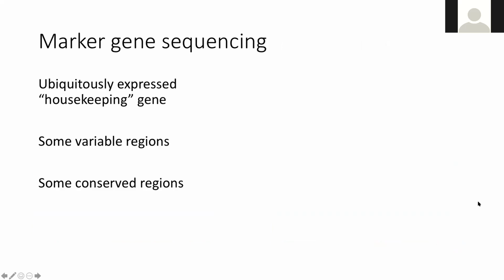So to be able to do marker gene sequencing, you need to pick the marker gene very carefully. It needs to be something that is expressed everywhere, so in all of the different bacterial or fungal or archaeal species that you will be looking at. And the best candidates for these are things called housekeeping genes. So if you think about the DNA in your cells and what happens when you need to make new cells, when a cell grows and divides, there are some typically conserved processes.